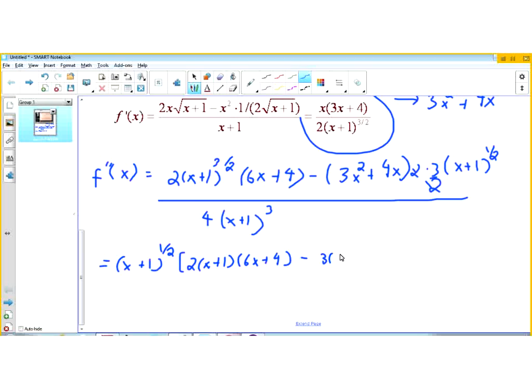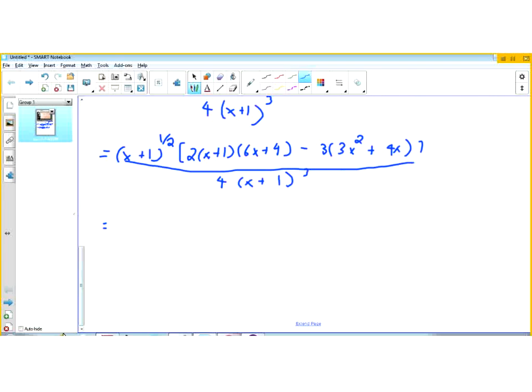That'd be 3 times 3x squared plus 4x. All of that divided by 4 times x plus 1 cubed.